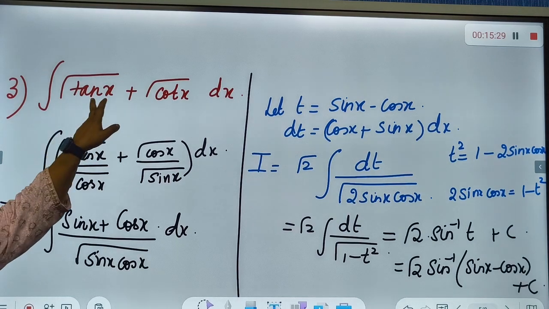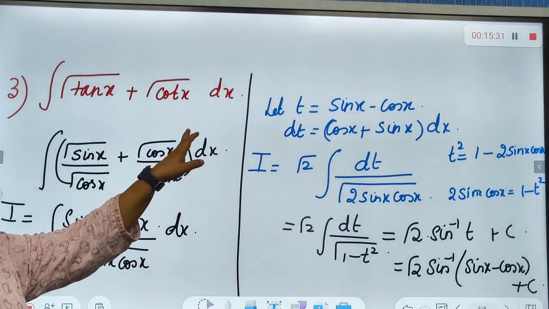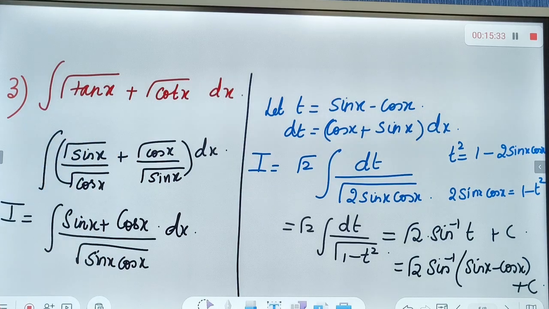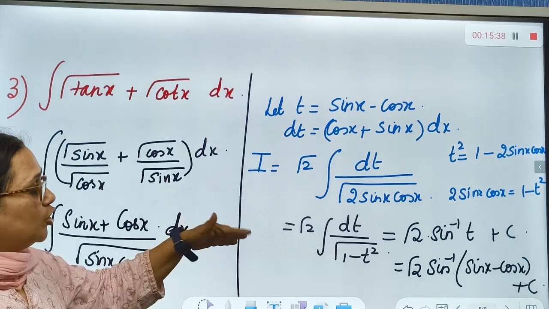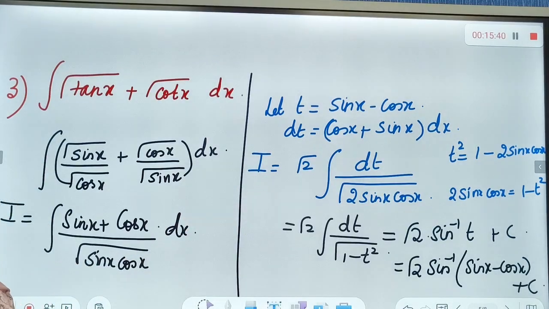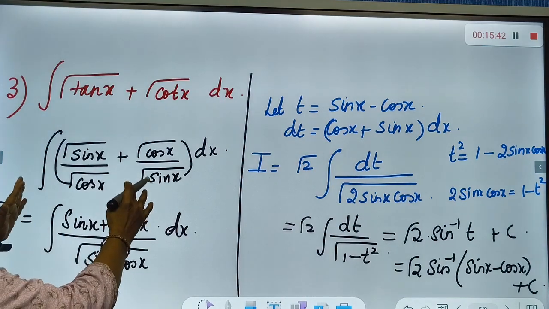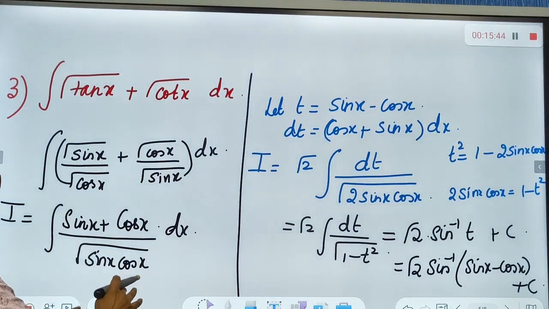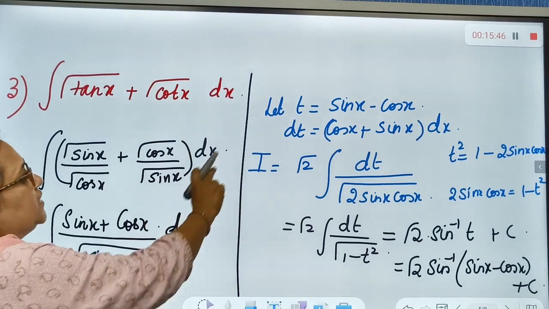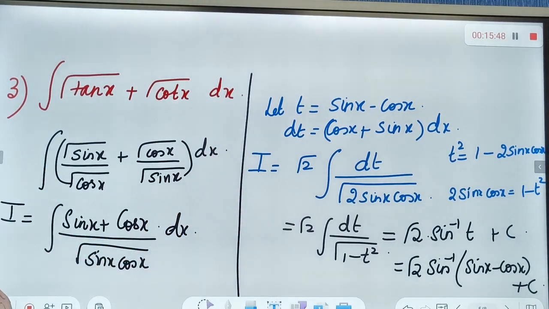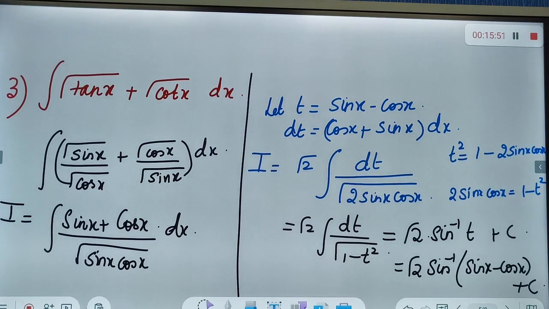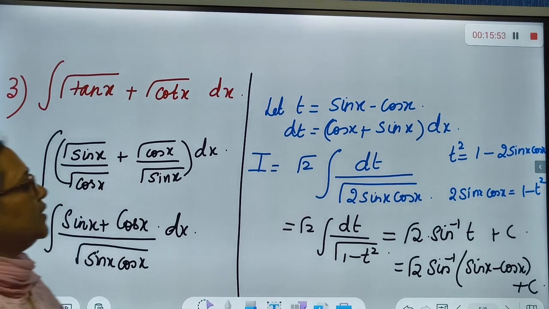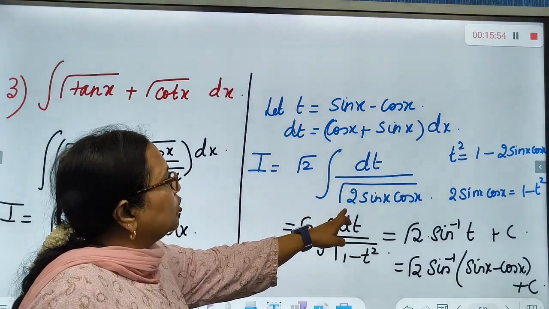So if you are asked to evaluate the integral of root of tan x plus cot x, either you can integrate them separately using the process that was taught to you in the earlier problems, or you can combine them, simplify them, and use the fact that sin x plus cos x is the derivative of sin x minus cos x. So choose appropriately t as sin x minus cos x, then multiply and divide by root 2.